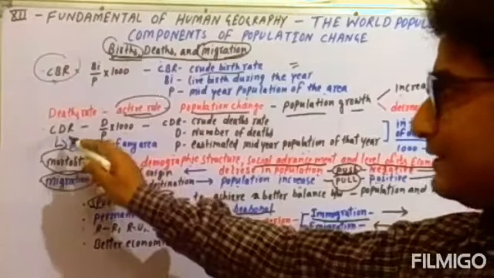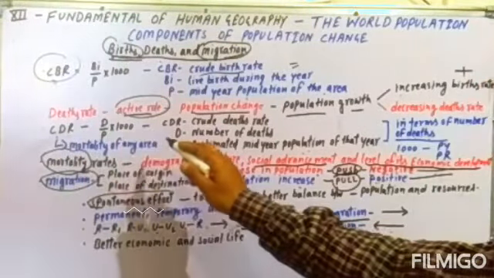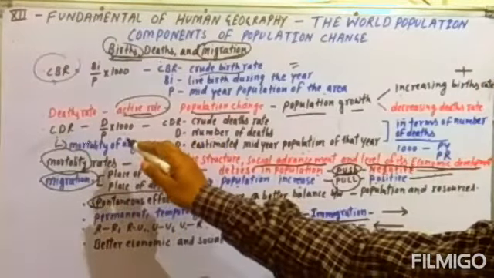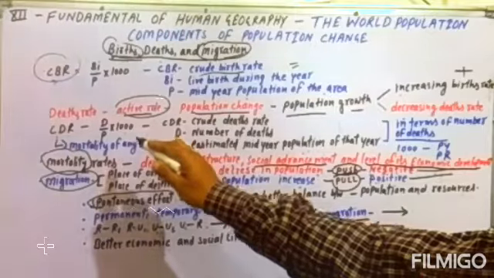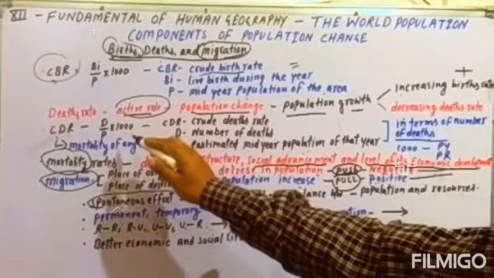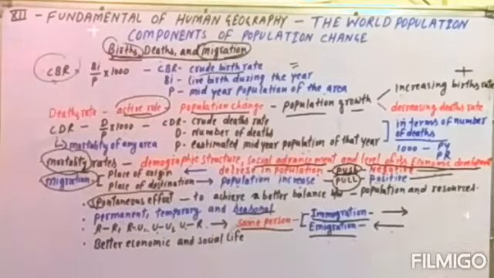So the crude death rate is measured by the number of deaths and the estimated mid-year population of that year or area, multiplied by 1000, so you get the crude death rate of the area.